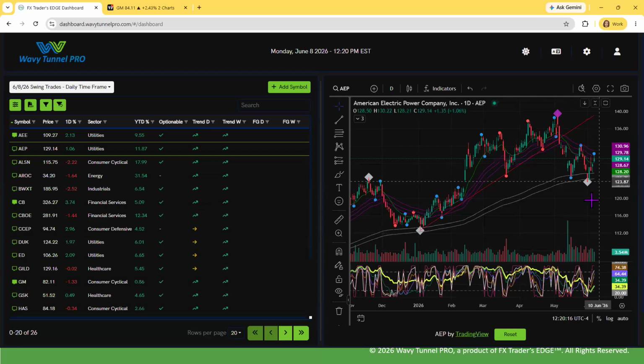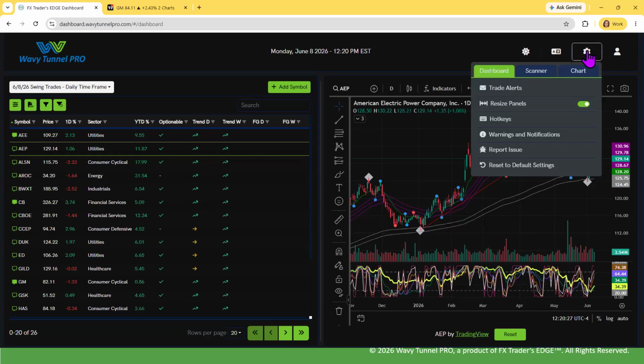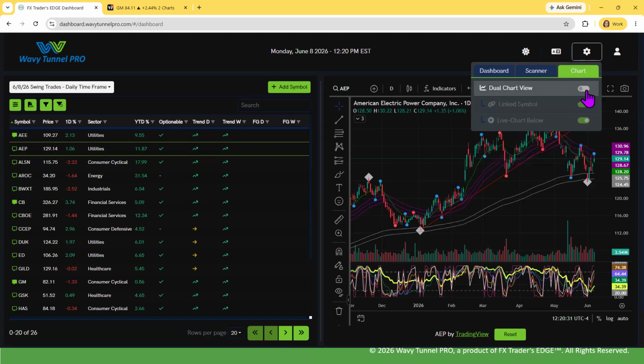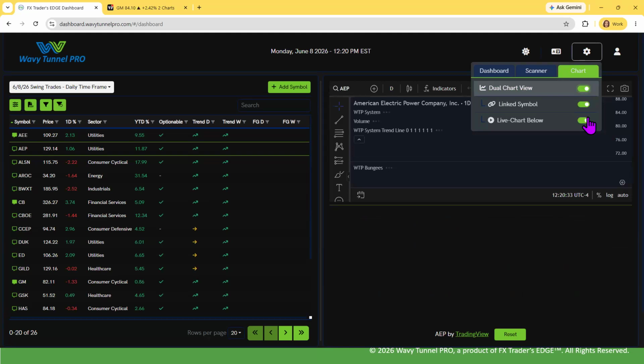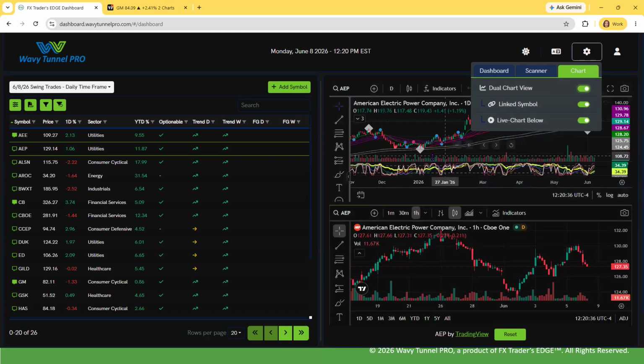All right. So I'm going to now put the live market underneath so that we can see where the current live market is, so I don't have to go back and forth. So dual chart view, yes. Live chart below, yes.